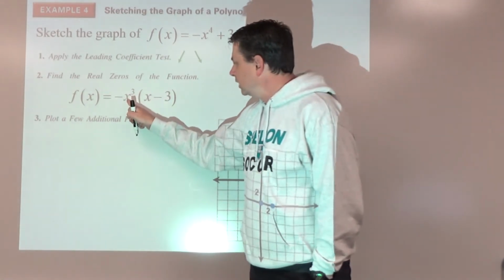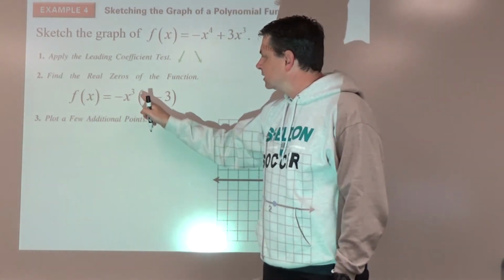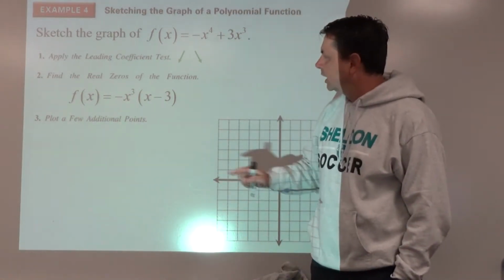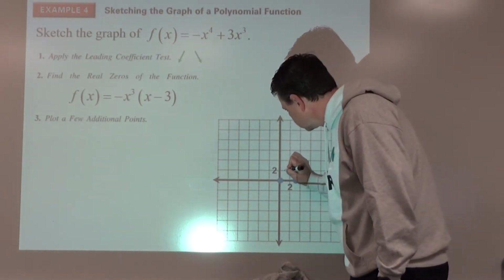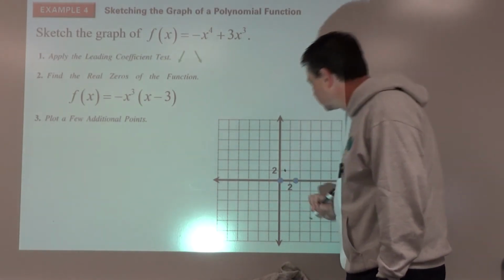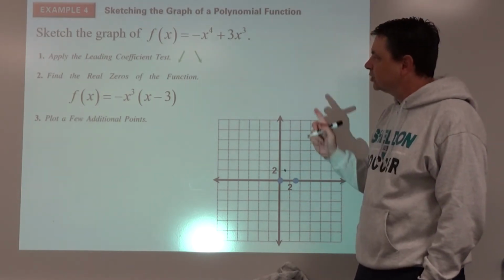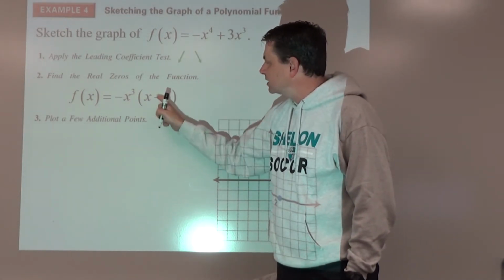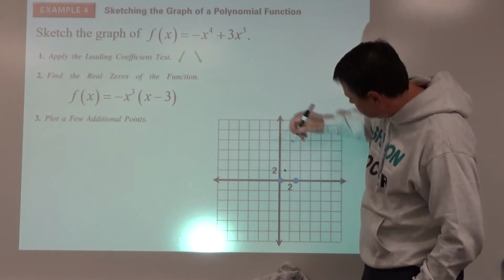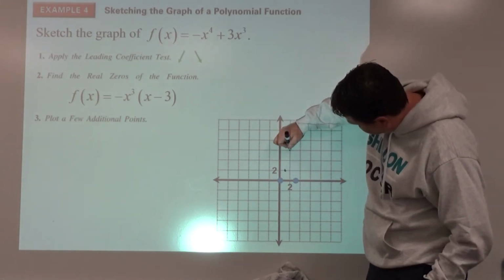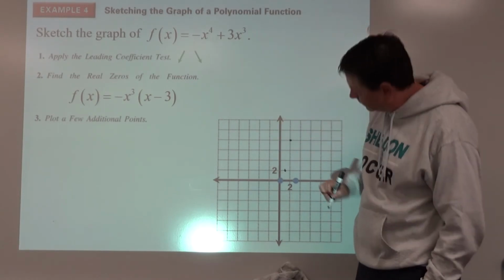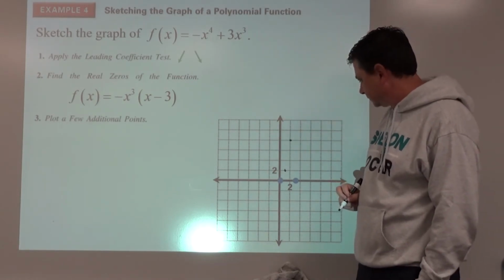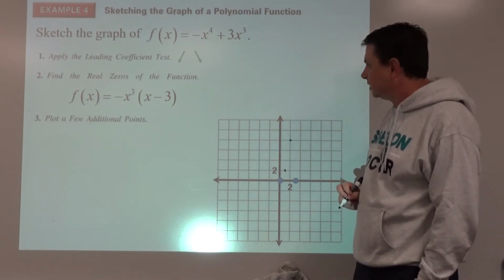So if we try 1, we've got negative 1 times negative 2 is 2. And if we try 2, we got negative 8 times negative 1 is 8. That's a pretty good idea.